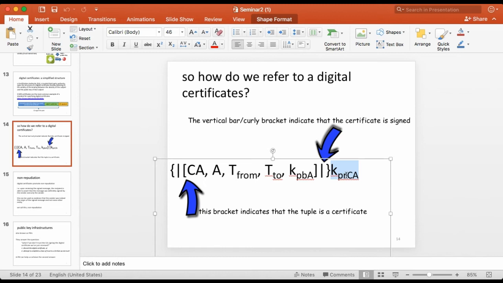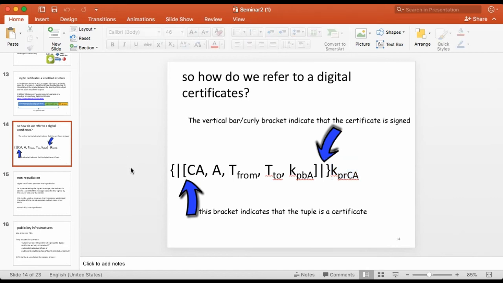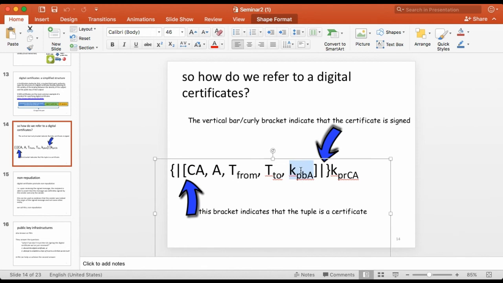When it's signed by the private key for the CA, essentially we end up establishing that trust, the trust that Alice indeed owns this public key. And the trust comes from the fact that we can see that the certification authority is essentially attesting to this ownership relation.